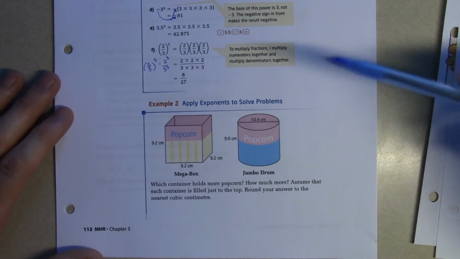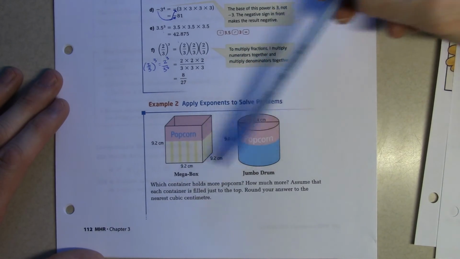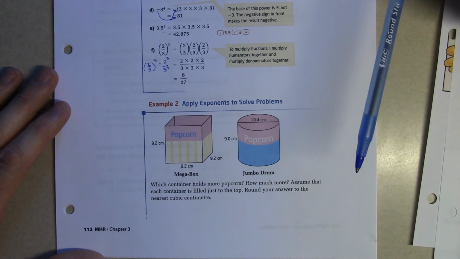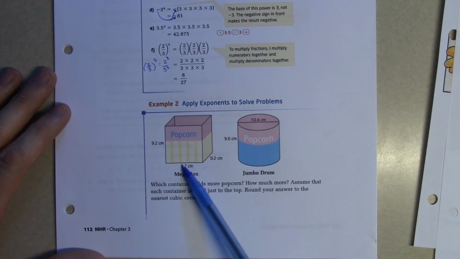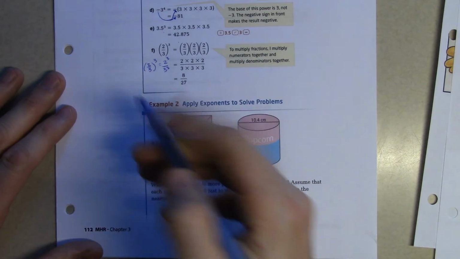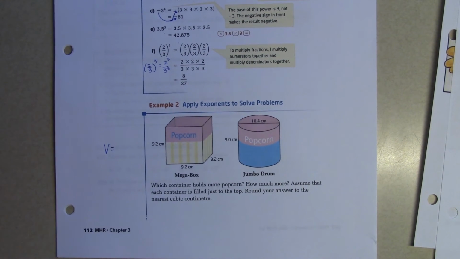Here we have example 2. So very quickly here, this is a volume question. It's asking us which container has more volume. The first one is a cube. All sides are the same length. We know the formula for volume of a cube is what?